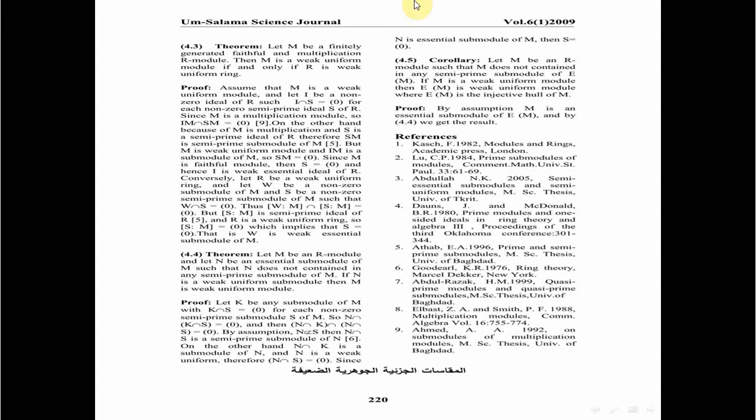given for this theorem, and after that the corollary 4.5. Let M be an R-module such that M does not contain any semi-prime submodule. If M is weak uniform module, then E(M) is weak uniform module, where E(M) is the injective hull of M. The corollary is about theorem 4.4.